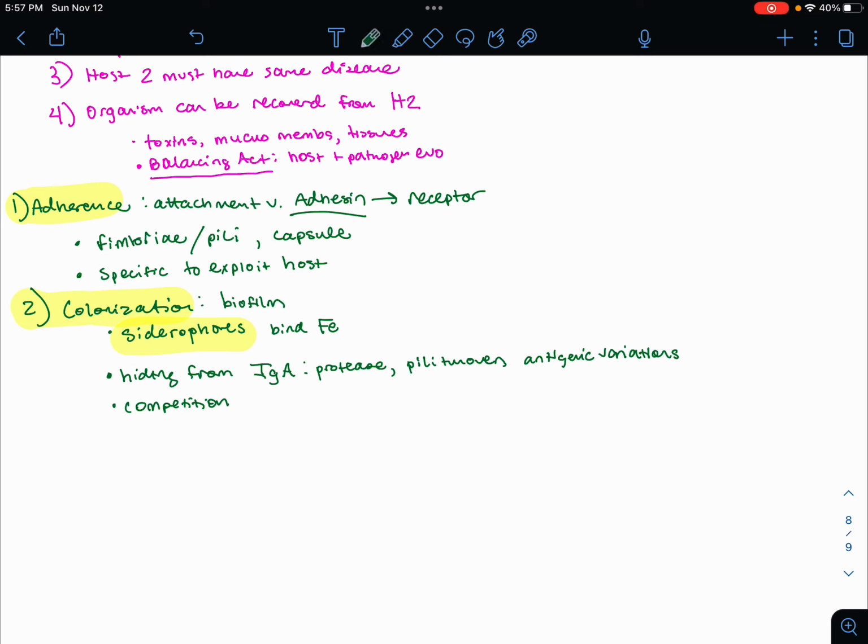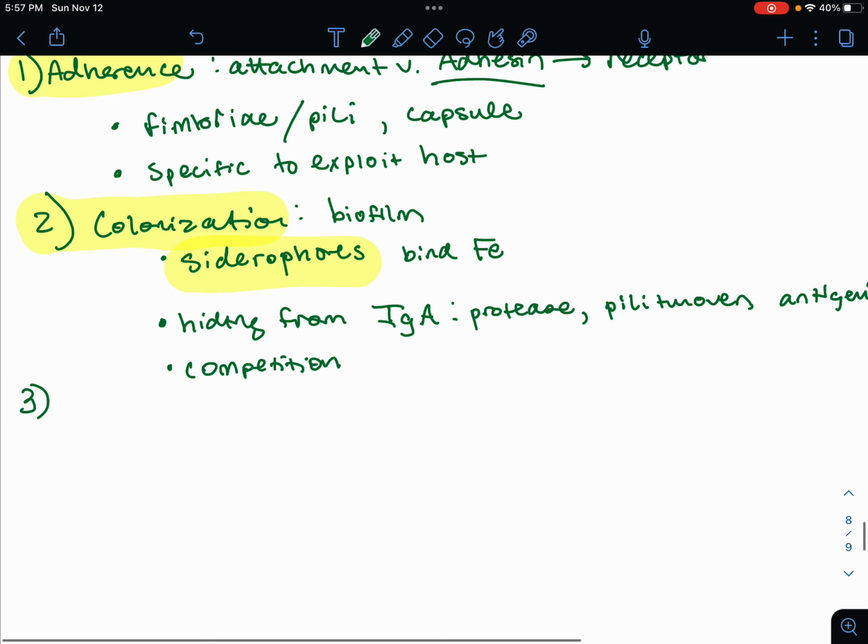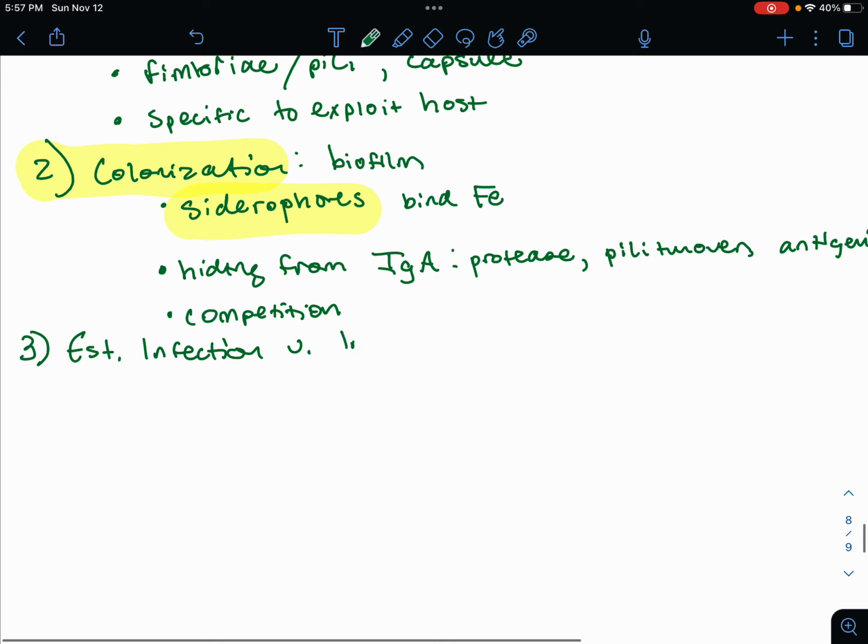Right, we could now establish infection. And some bacteria actually do this via something called the injectosome. And it actually looks like a syringe. If you look up injectosome online, you'll actually see an electron microscope image of it, and it looks like a syringe. It's insane. We're going to deliver effector proteins.